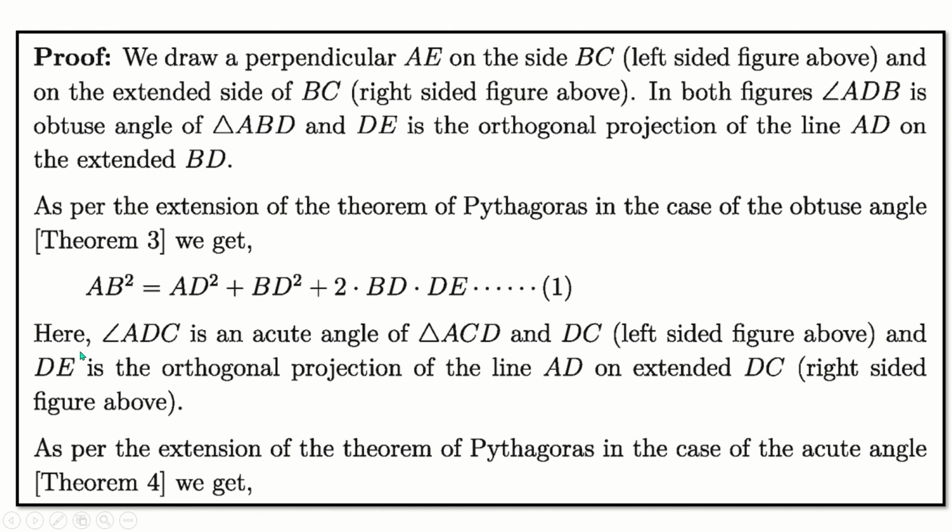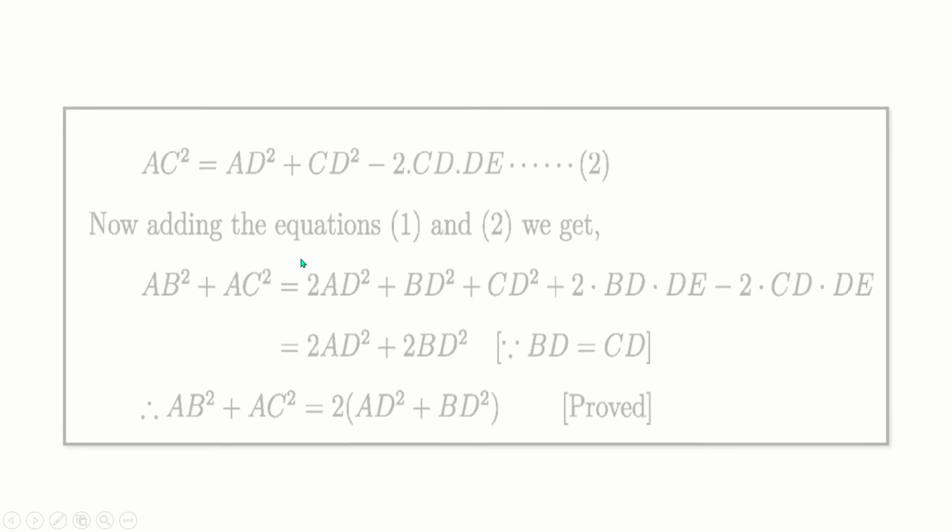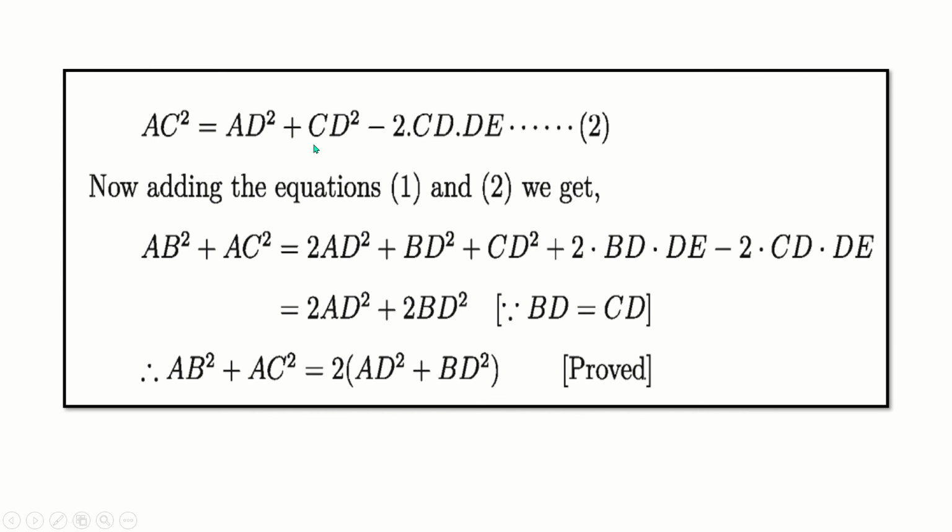Okay, here angle ADC is an acute angle of triangle ACD, and DE is the orthogonal projection of AD on the extended side DC. Therefore, by applying Pythagoras theorem, we can write AC square is equal to AD square plus CD square minus 2 into CD into DE. This is equation number 2.